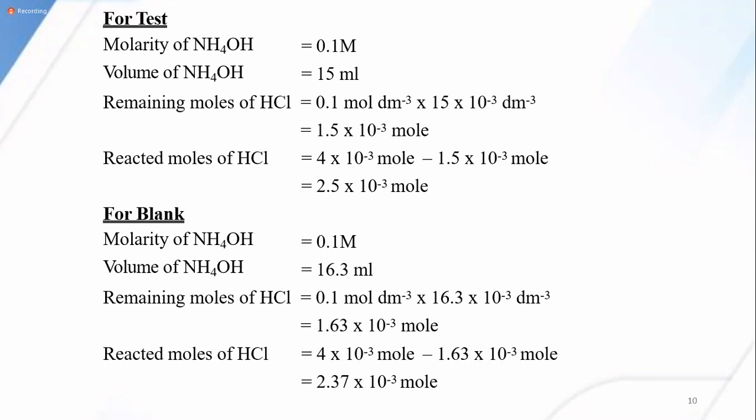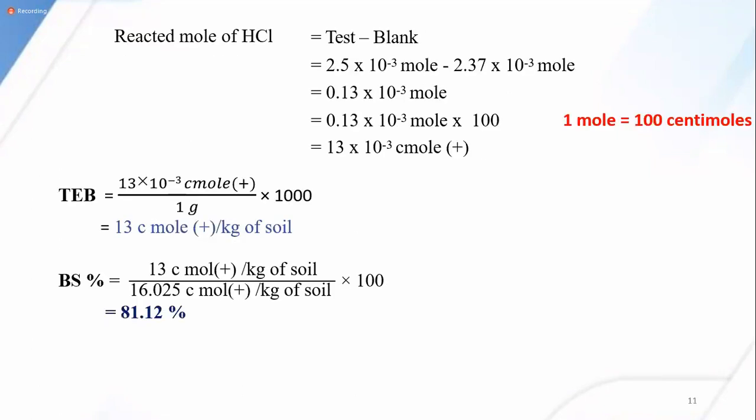So with that, we can find out the total amount of HCl that is reacted. For that you have to deduct the mole of the test and blank. You already have the reacted moles of HCl for the blank test and the test.